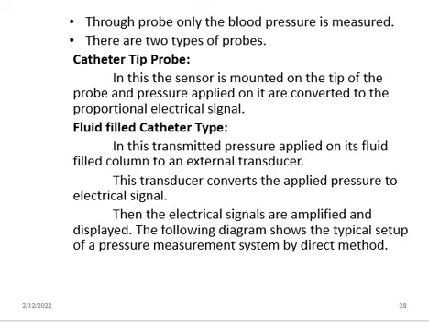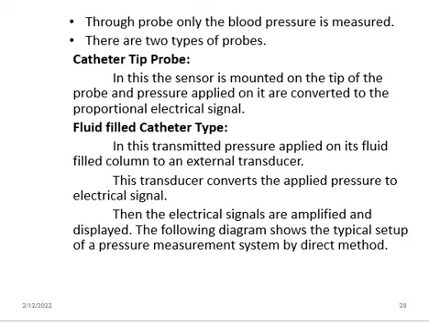Through the vein we can place this tip at the place where we need to measure the pressure. It directly converts the pressure to an electrical signal, and that signal is taken directly from that transducer, and we can do the manipulations.